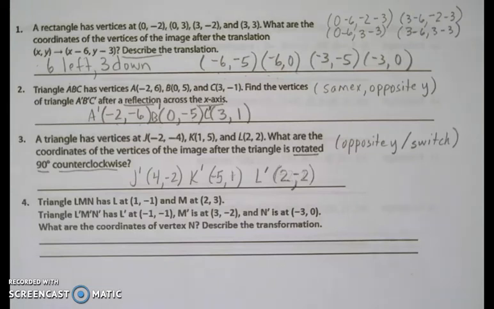Triangle LMN has L at (1, -1) and M at (2, 3). Triangle L prime, M prime, N prime has L prime at (-1, -1), M prime at (3, -2), and N prime at (-3, 0). What are the coordinates of vertex N, and describe the transformation?